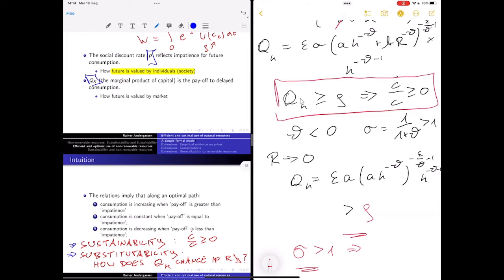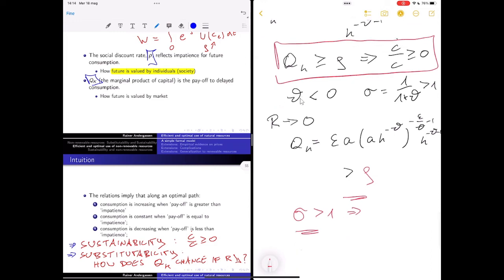That's something that you would like to have also, while, as I'm going to show you in the next lecture, this is not necessarily the case if sigma, for instance, is equal to 1, or even if sigma is lower than 1.